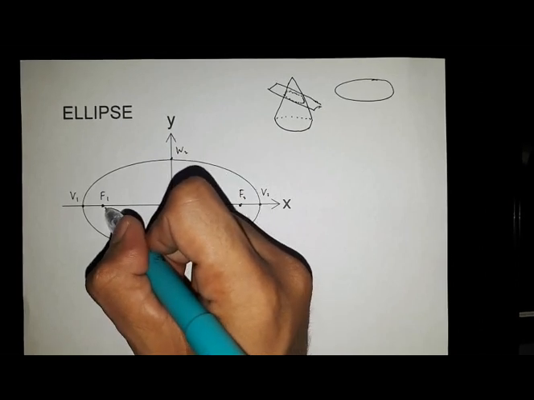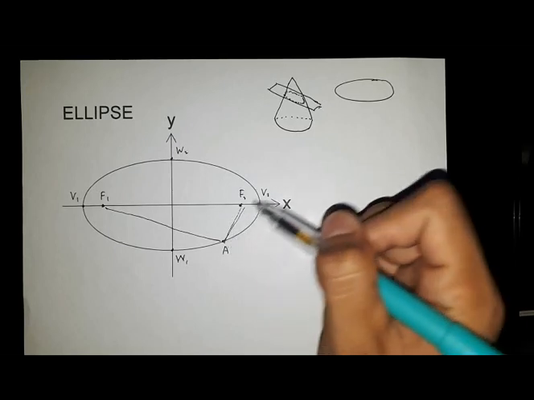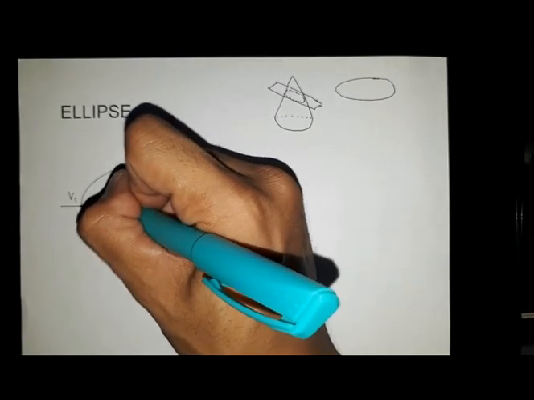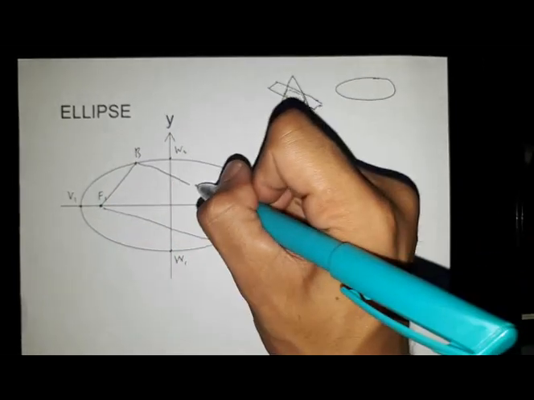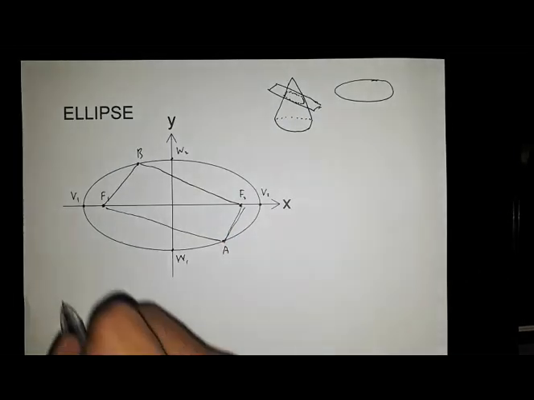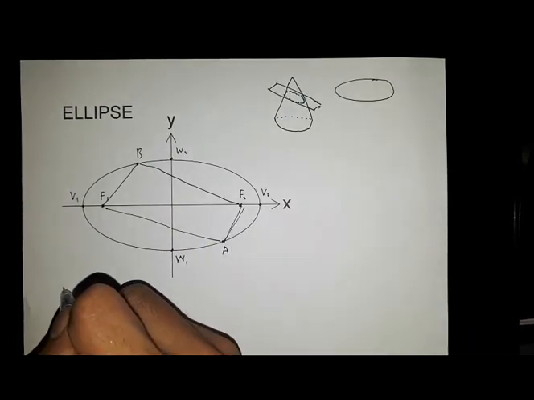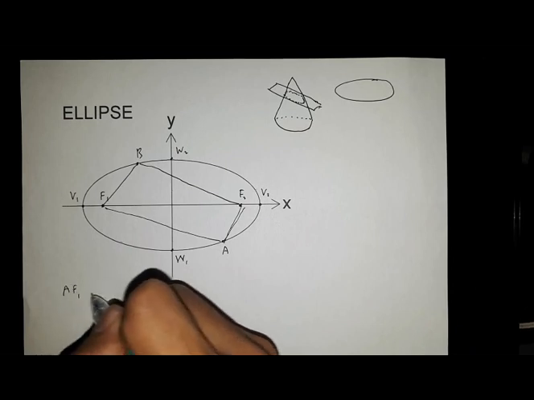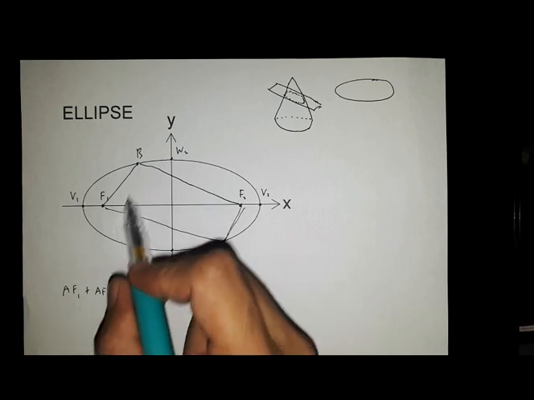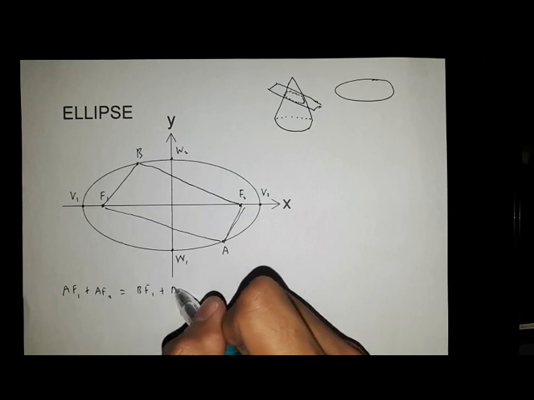then you connect the foci to point A, then you have another point here, point B, connected to the foci. One special characteristic is that if you add the lengths connecting the foci, for example AF1 plus AF2, this is equal to BF1 plus BF2.